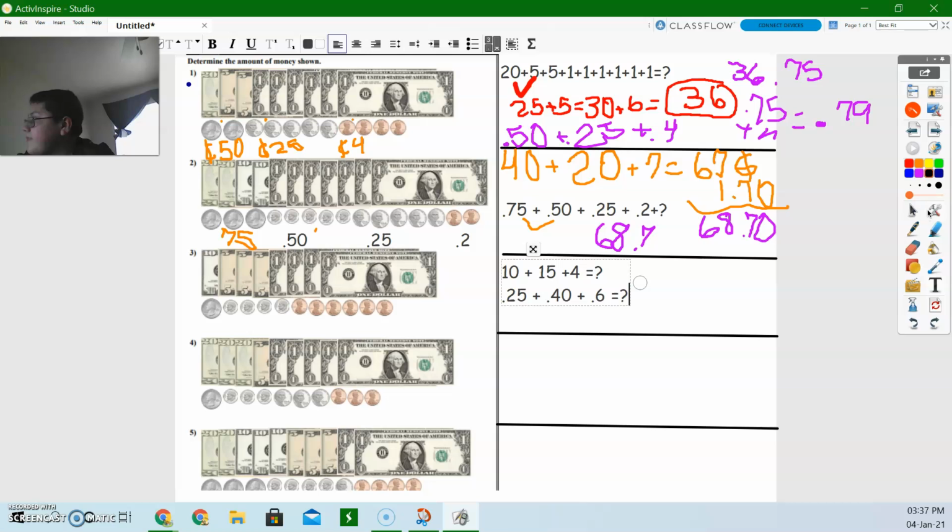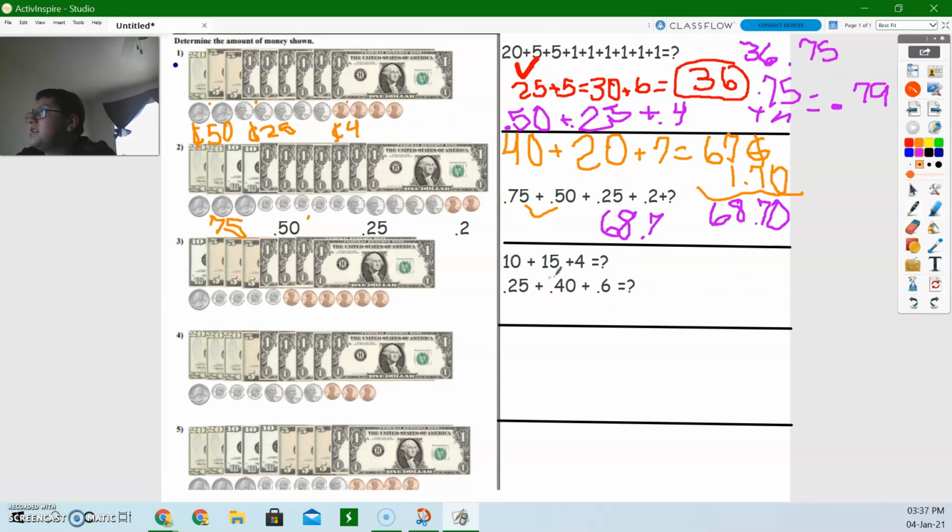Now, we're going to find out the answer. So, 10 plus 15 is 25, but plus 4 is going to be 29. That is going to be just for dollars.